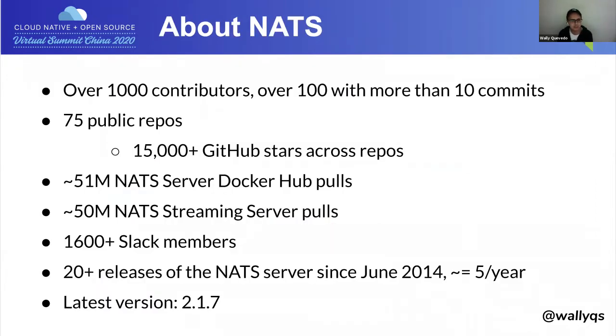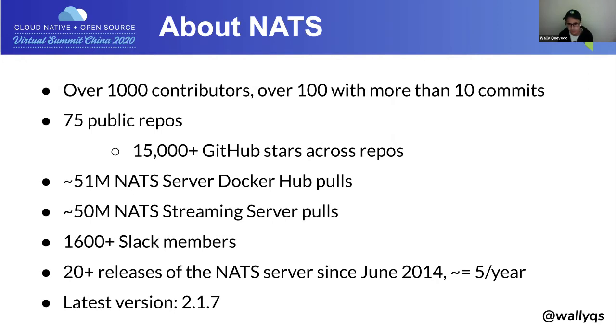NATS contributions have been ramping up for a few years already, with dozens of contributors and many NATS public repos. Also over 50 million downloads for the NATS server and NATS streaming server images. The Slack community is also continuously increasing.